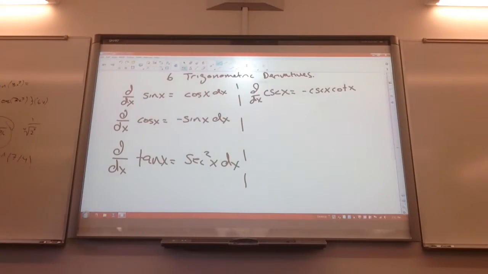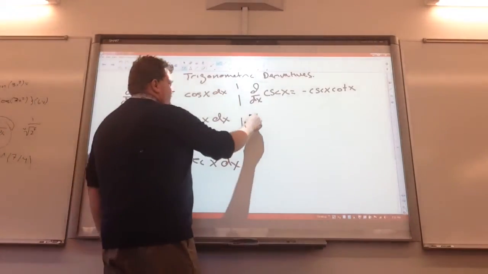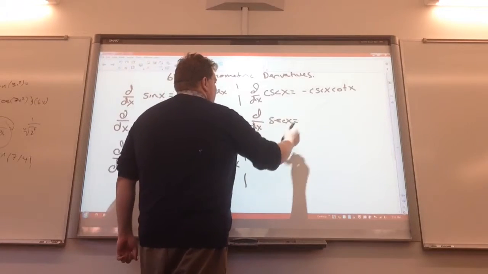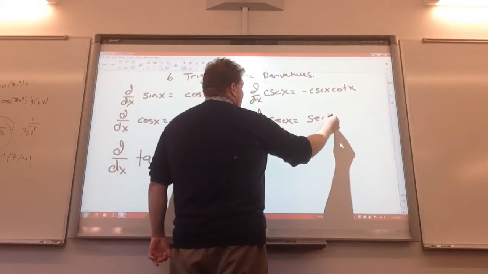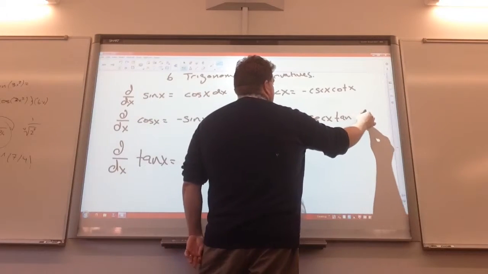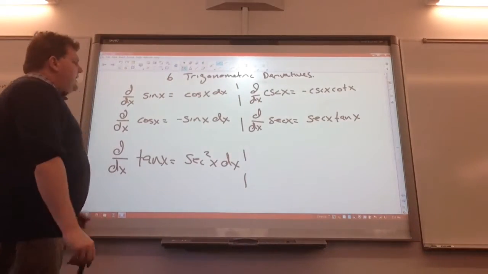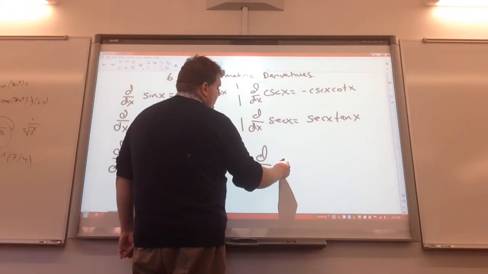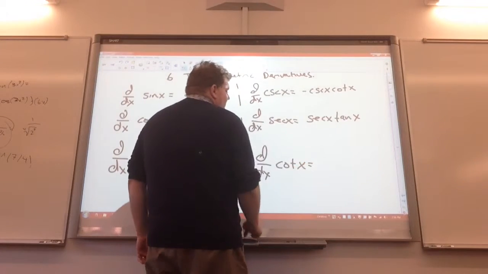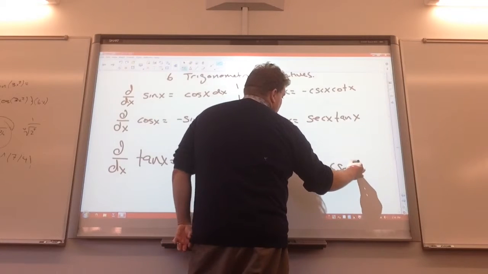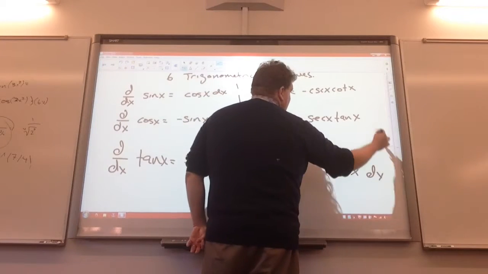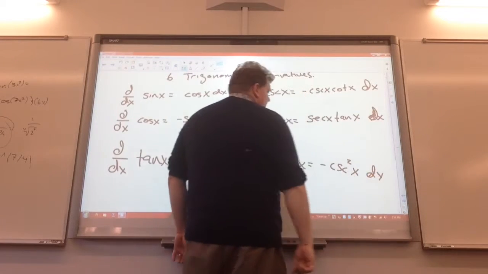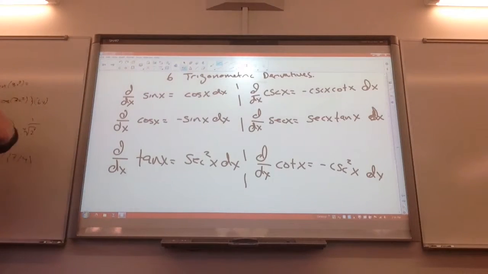The next one, the derivative with respect to x of the secant of x is the secant of x tangent of x. And the last one, the derivative with respect to x of the cotangent of x is minus the cosecant squared of x dx. These are all dx's in the end, by the way. So again, they're just chain rules. If you don't remember to put the dx at the end, it's wrong.